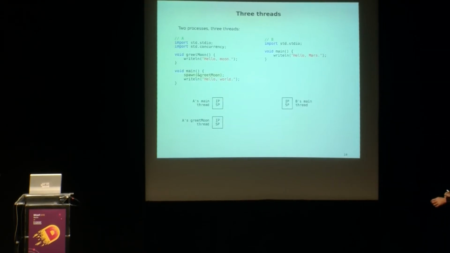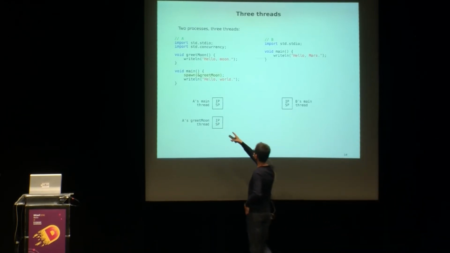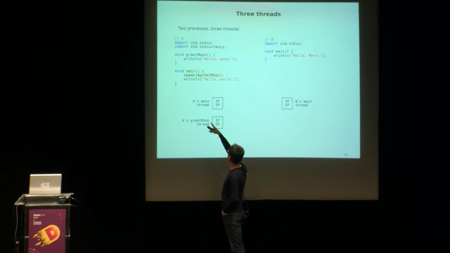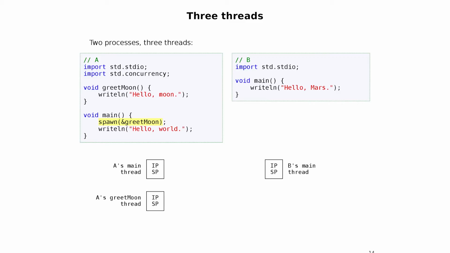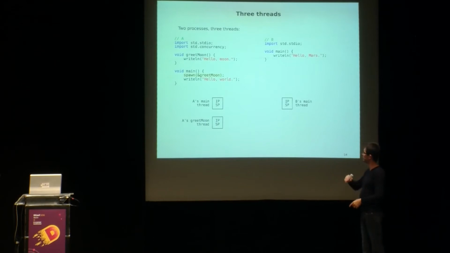Well, let's improve one of the programs and give it another thread, which is very simple in D. This one spawns a greet moon function, which becomes another thread, with its IP and SP pointing to the beginning of the compiled greet moon and the stack pointer for that thread.